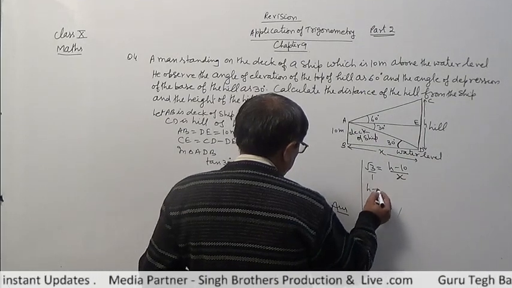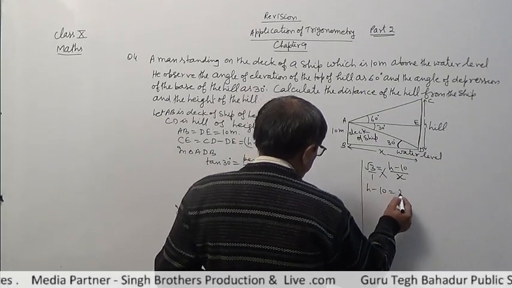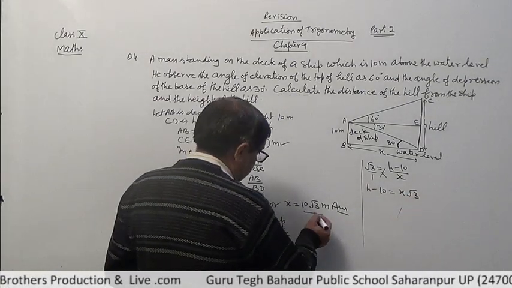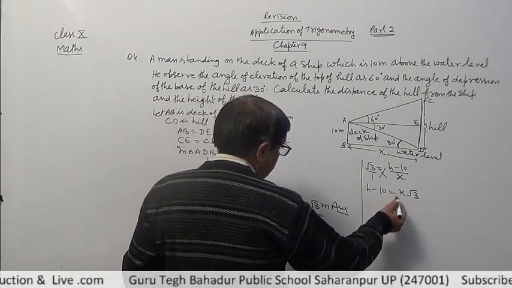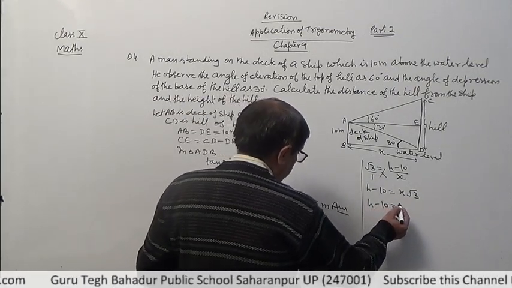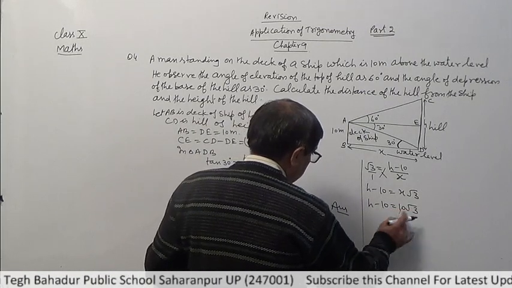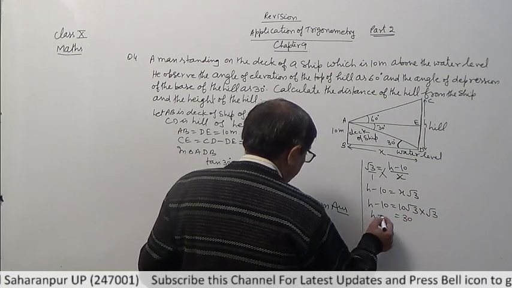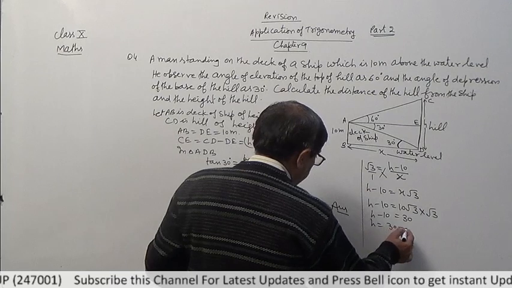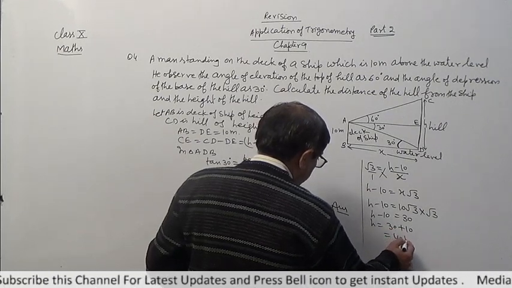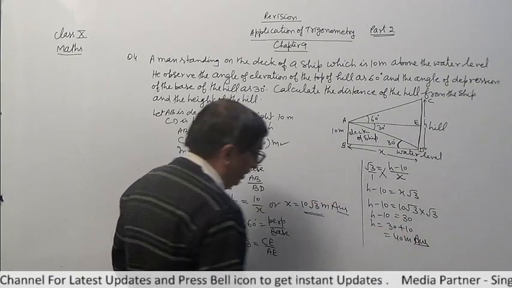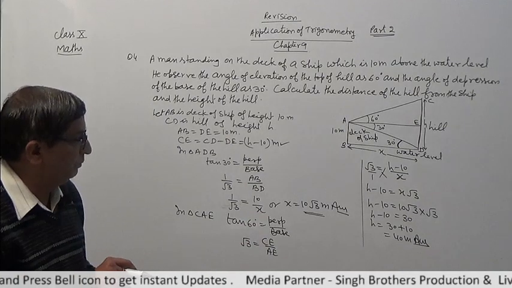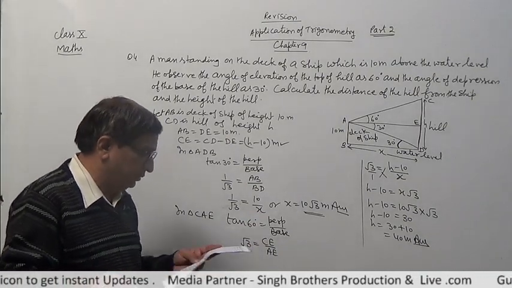Cross multiply, H minus 10 is equal to x root 3, and the value of x is 10 root 3. Putting it here, 10 root 3 into root 3 is equal to 30, or h is equal to 30 plus 10, that is 40 meter. So the height of the hill is 40 meter and the distance of the ship from the hill is 10 root 3 meter.